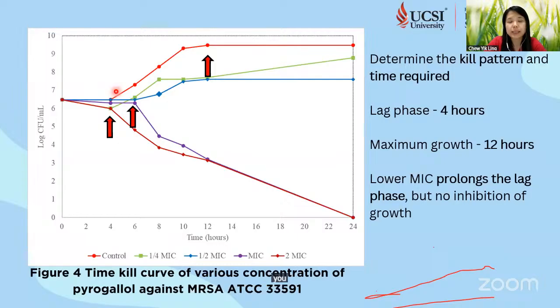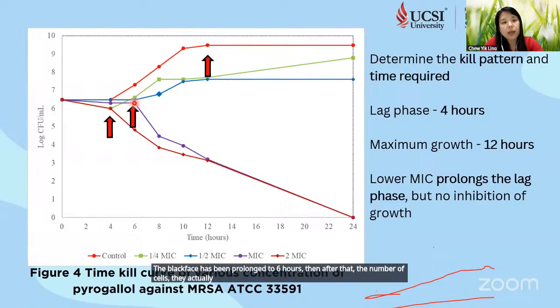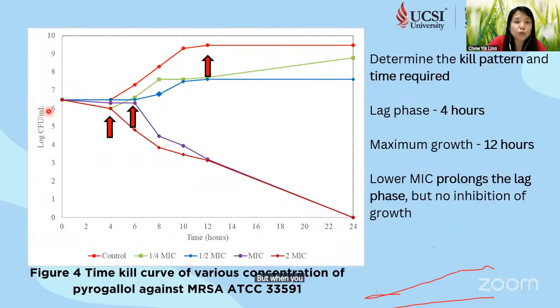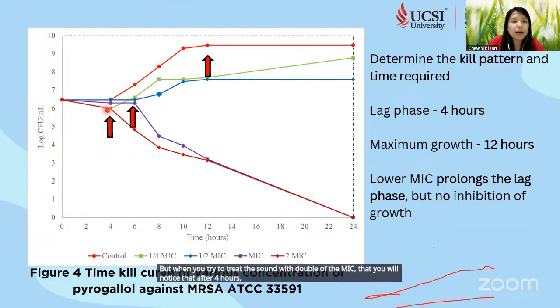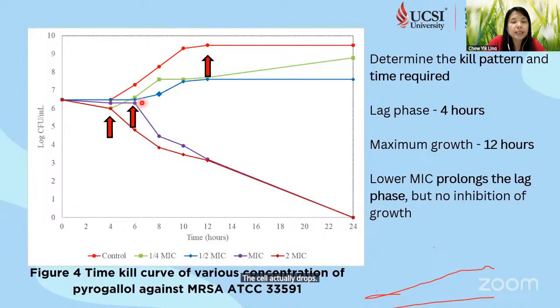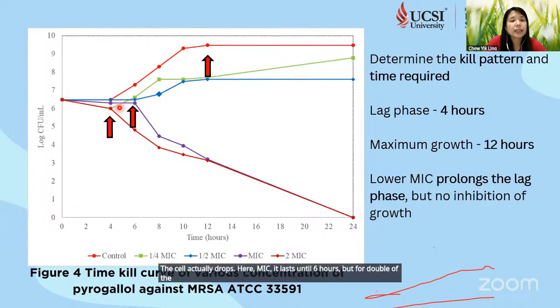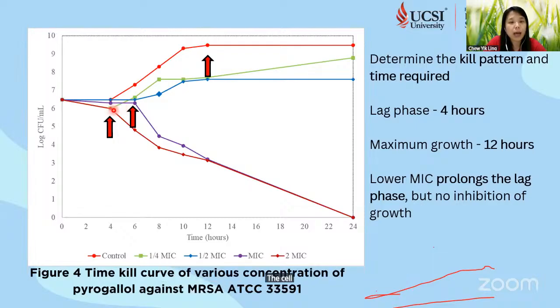And other than that, we also notice that there is a killing effect if you double up the MIC. At MIC, you notice that the lag phase has been prolonged to 6 hours. Then after that, the number of cells becomes lower and lower. But when you treat the cells with double the MIC, you will notice that after 4 hours, the cells actually drop. At MIC, it lasts until 6 hours, but for double the MIC, the cells start to drop after 4 hours.